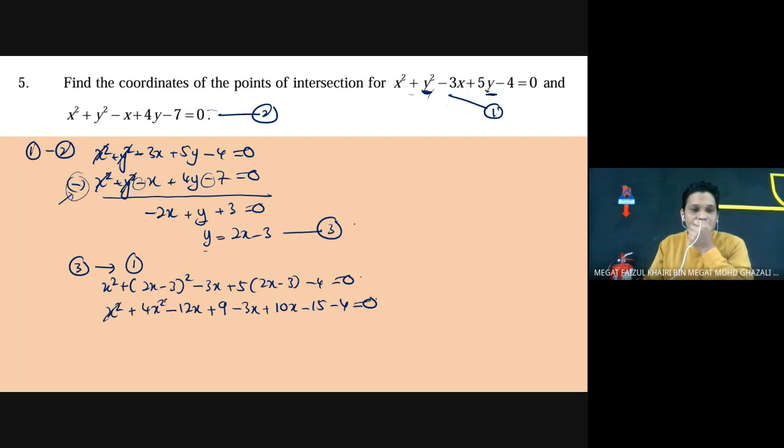So x squared plus 4x squared, 5x squared, negative 12x plus 10x, negative 12 minus 3x, sorry. x squared, 2x, 4x squared, 12x, 9, 3x, and x.